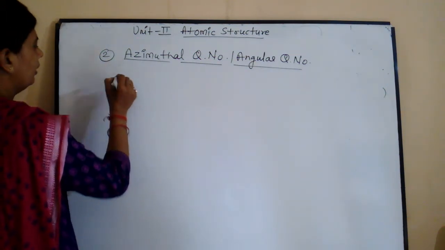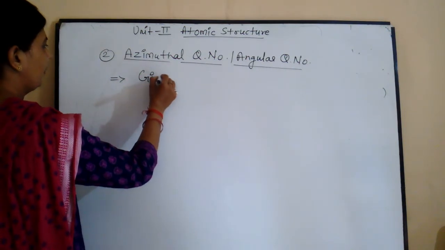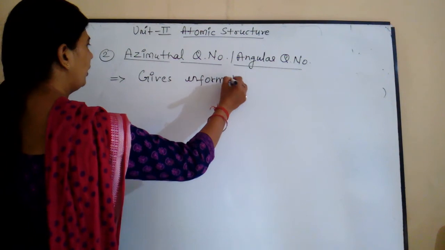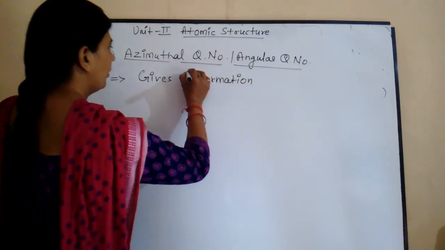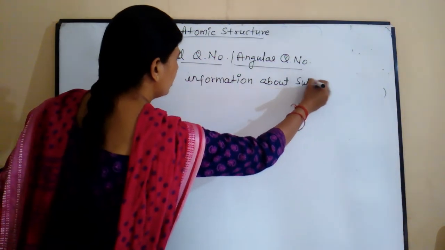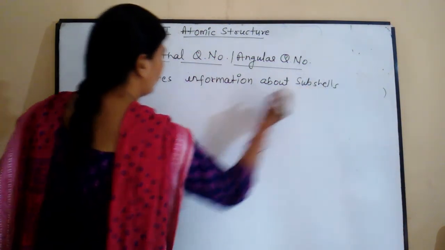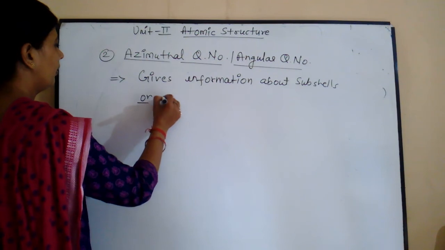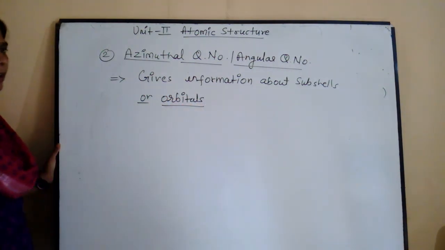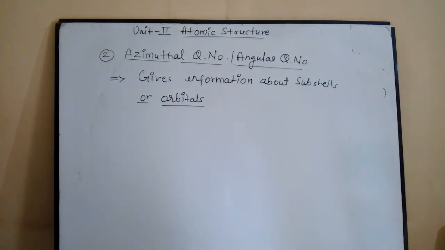This quantum number gives the information about subshells or orbitals.